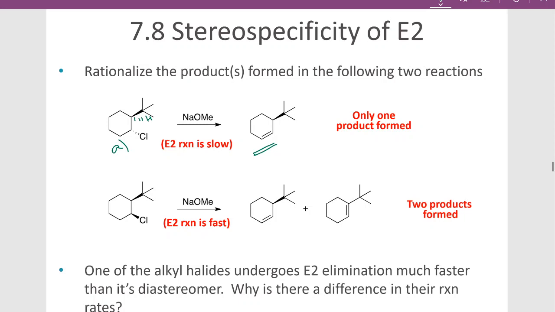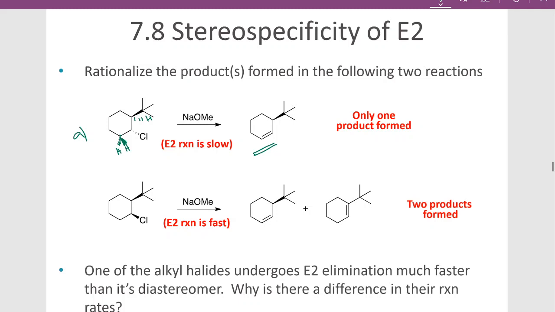So the only beta hydrogen that we can pull off is one of these two hydrogens over here on the left, the one that's trans. One of them is coming out and one of them is going back, so the one coming out is the one that's going to be pulled off. So this is molecule A.